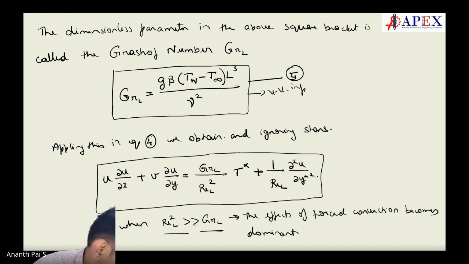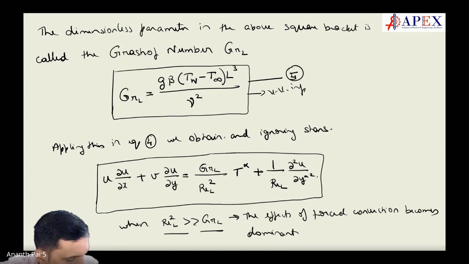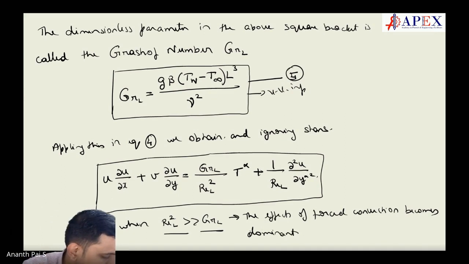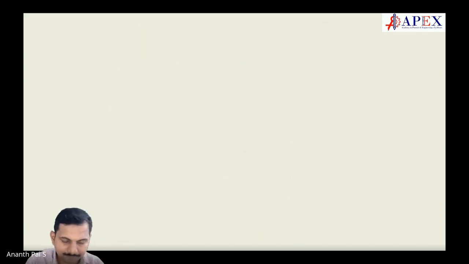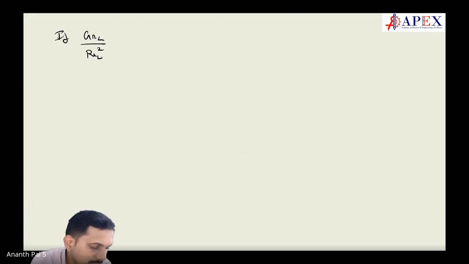So here one of the important things which comes is called the Rayleigh number. But before that, let us see what is the Grashof number. Let me write in a better way. If GR_L divided by RE_L square is much greater than 1, then it is natural convection.